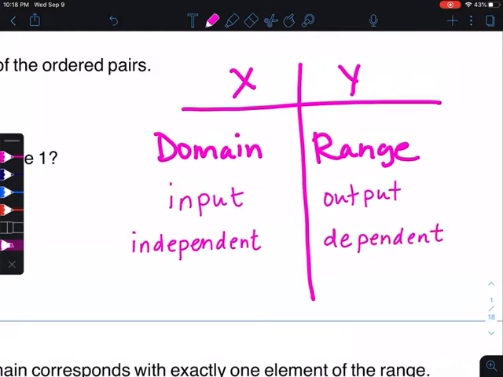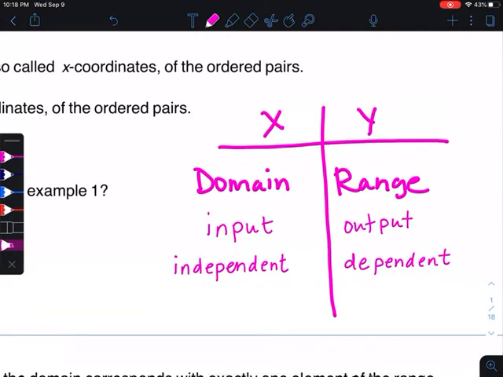Now, this is a review of Algebra 1. When I teach Algebra 1, there are some main ways to help you remember. In terms of x and y, they're alphabetical. X comes before y, just like x comes before y in the alphabet, domain comes before range. And I comes before O, so input and output, right? Those are alphabetical.